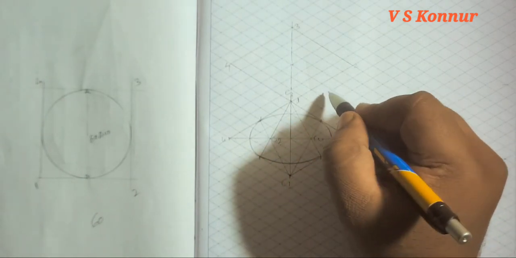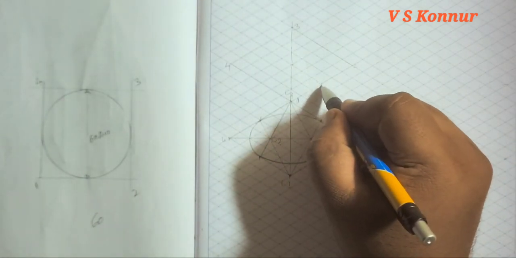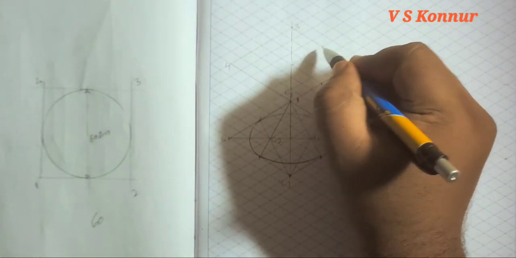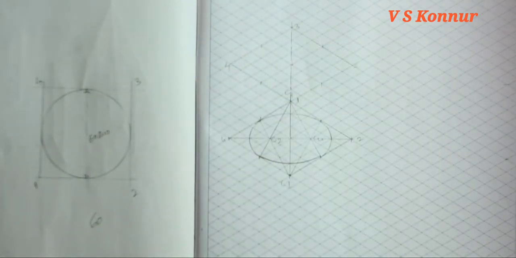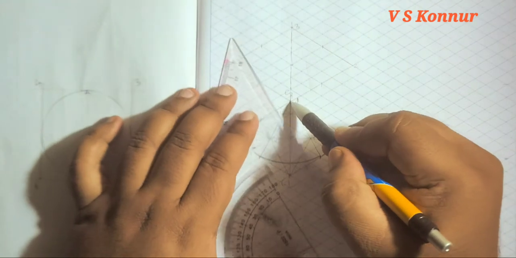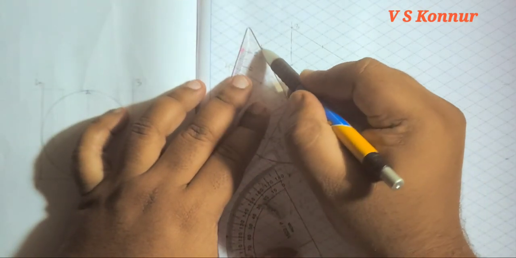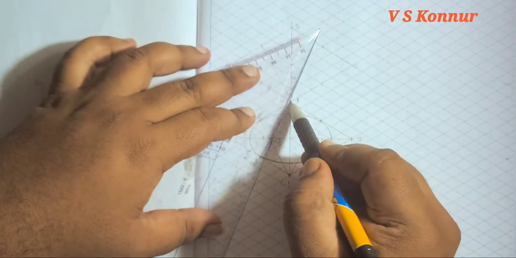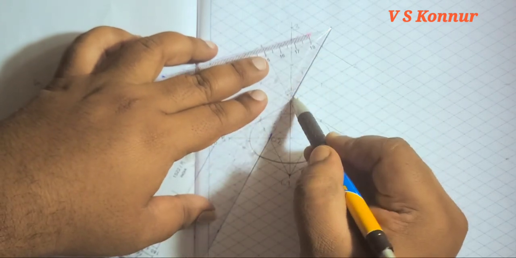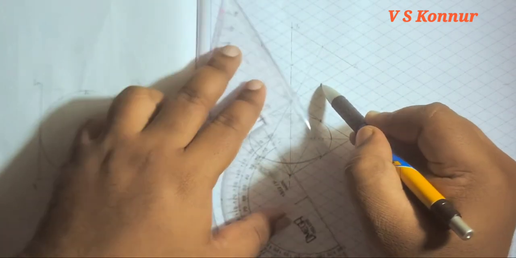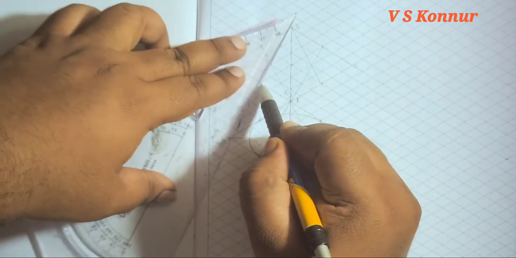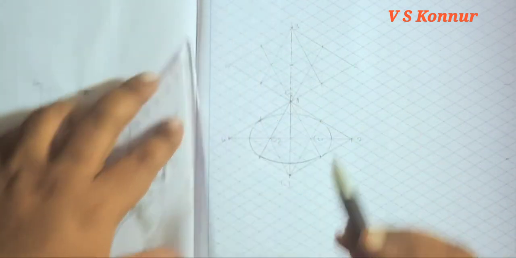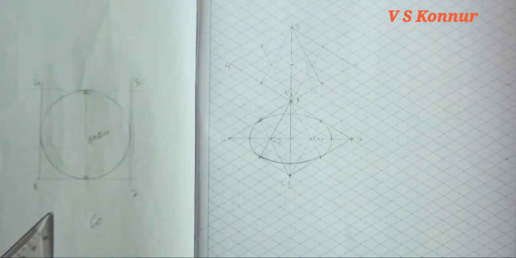Now we'll take the center 1, 2, 3, 60 mm will be there. We'll take the center once again. Once again the same procedure. We'll transfer this corner to the opposite center. So again this center to the opposite corner, with a thin line. All of you have to draw with thin lines.